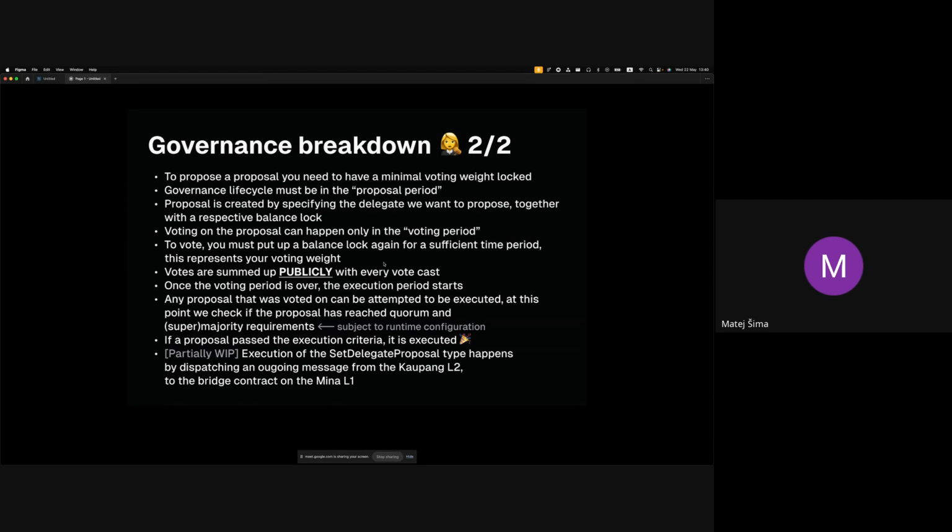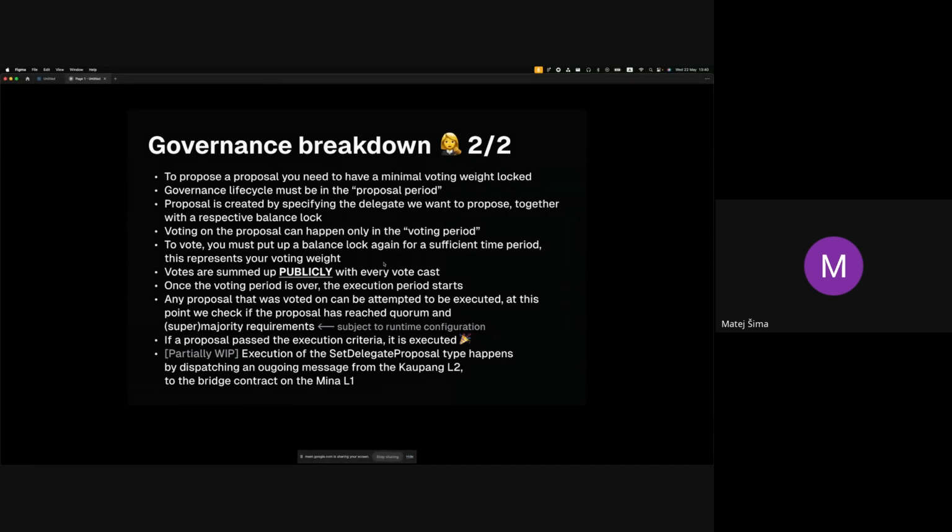And then once the voting period is over, we enter the execution period. During this period, any proposal can be executed, assuming that it matches the successful proposal criteria. So the basic things that we have implemented is a way to measure if you have reached quorum, that relates to a snapshot of the total supply at the time when the voting began, or something like that.